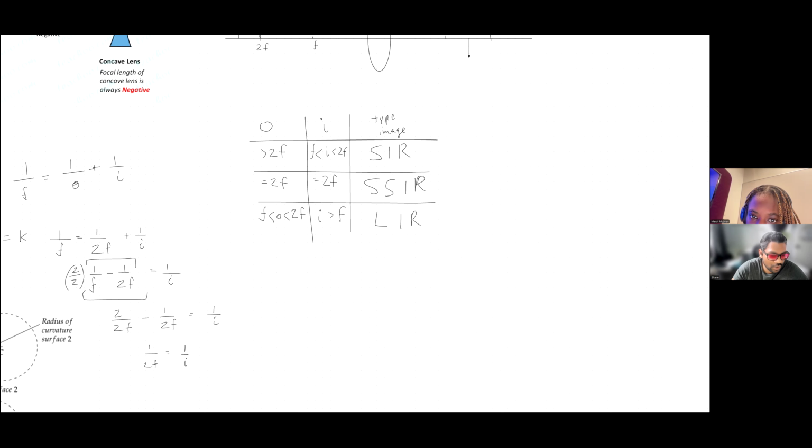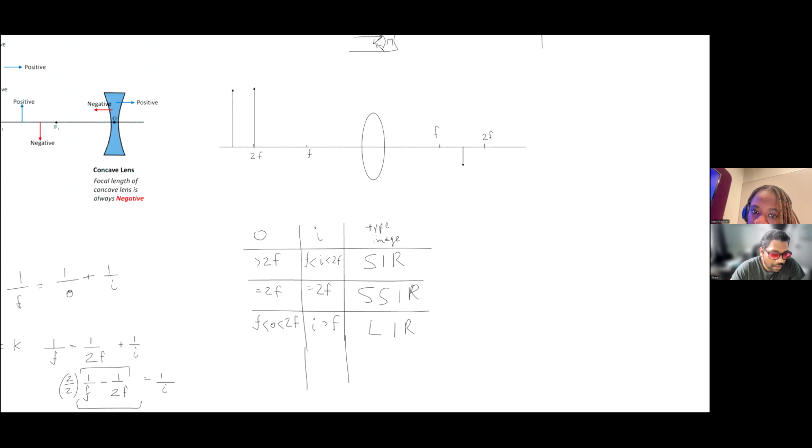Very good. Oh yeah, I forgot to draw these. Wait, is it greater than f or 2f? The I. Oh yeah, you're right. Okay, just making sure. Good catch. So for the 2f thing, I made it blue.